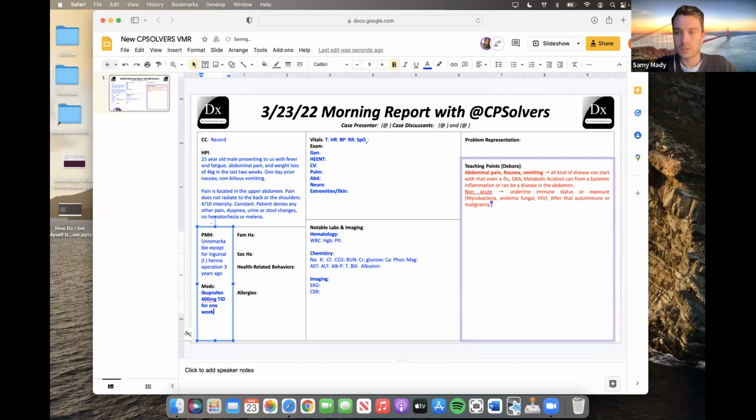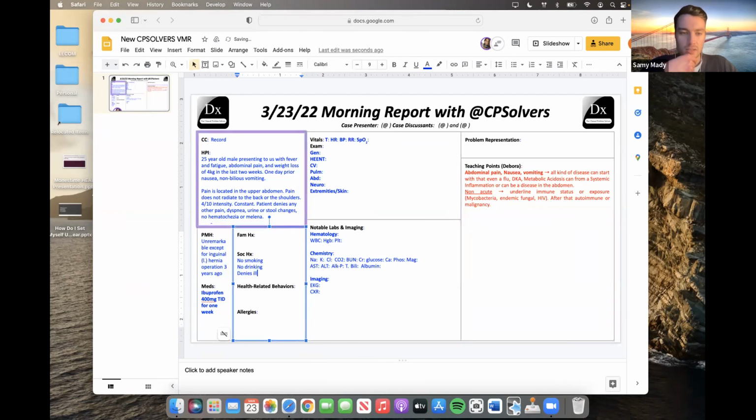He does not smoke, does not drink, and also denies use of illicit substances. He has a girlfriend with whom he's sexually active, but they use condoms. He had no sick contacts, and family history is non-contributory.